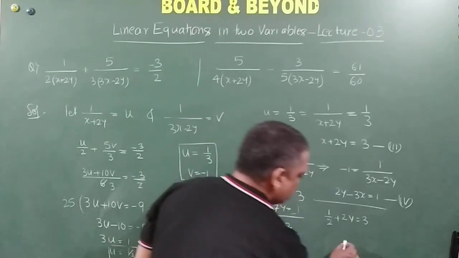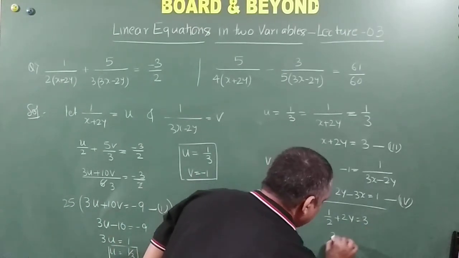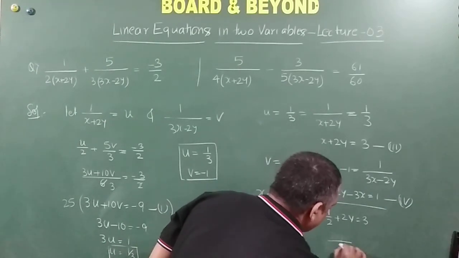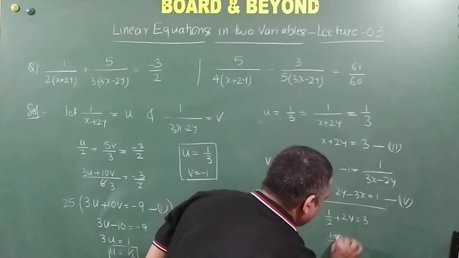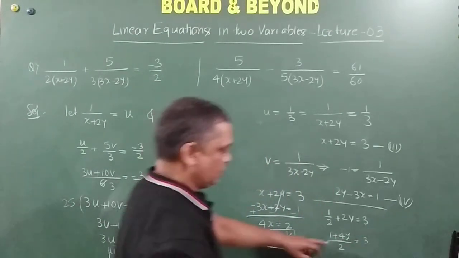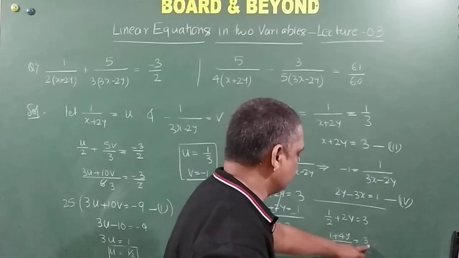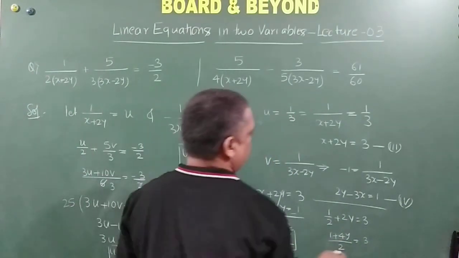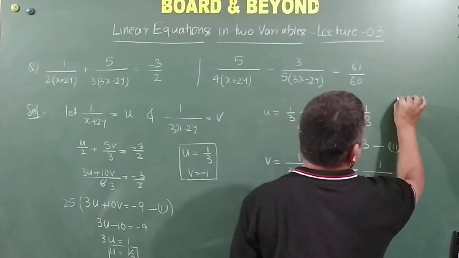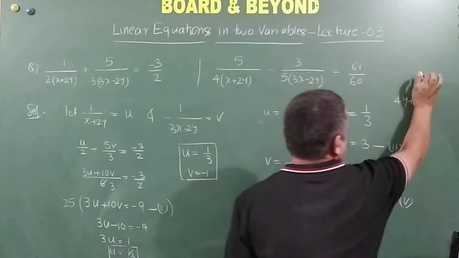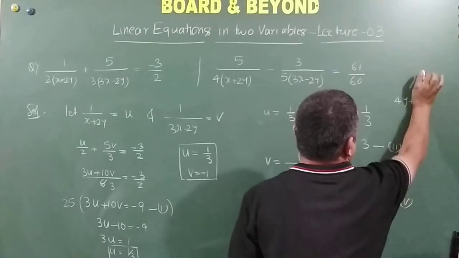Taking the LCM, 1 plus 4y is equal to 6, so 4y plus 1 is equal to 6 after cross multiplication.